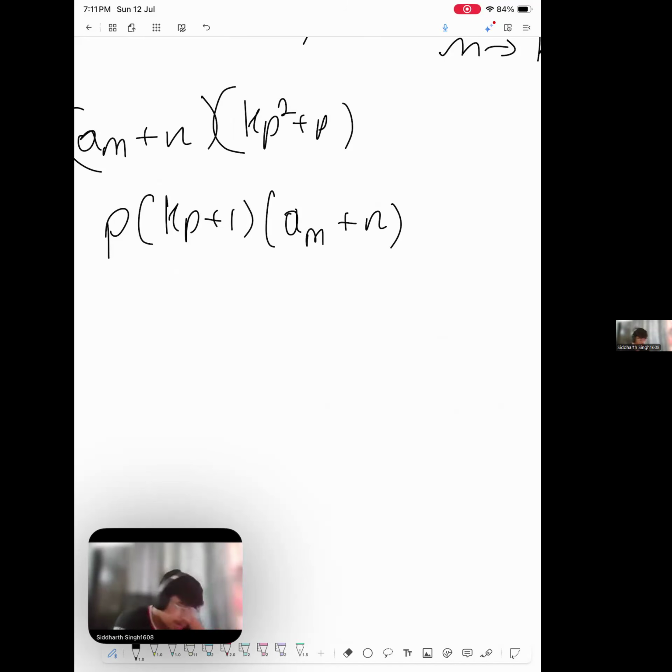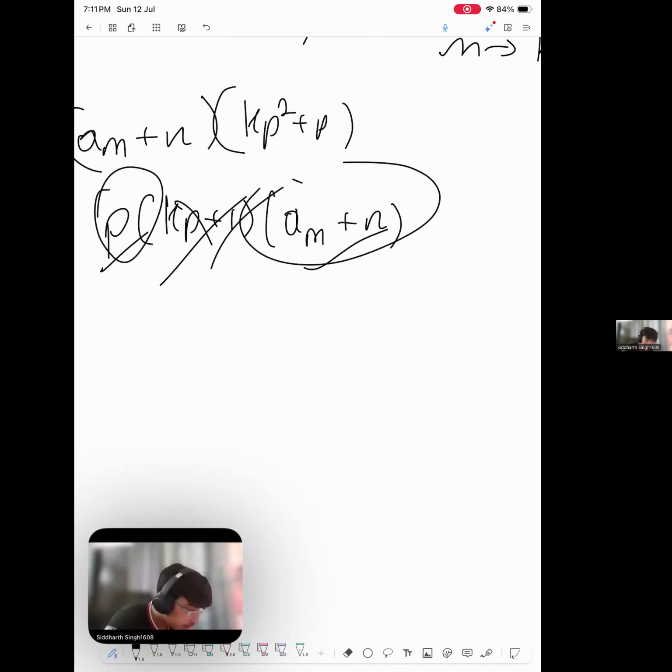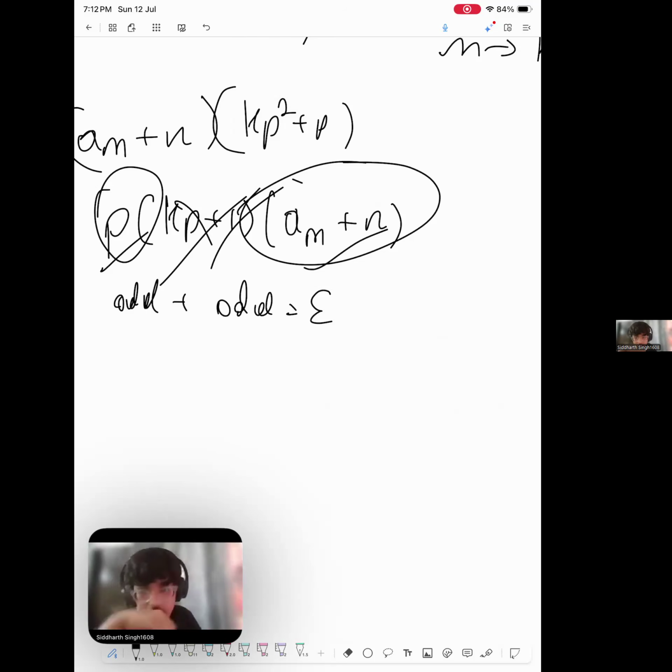So now kp plus 1 is obviously not divisible by p. This is divisible by p, but it is not an even power of p. And since this entire number is a square, an even power of p must divide this. An odd power of p must divide the other factor, so that both of them combined together would have an even power dividing it. Why? Because odd plus odd is equal to even. And what is the smallest odd number? What's the smallest odd number?